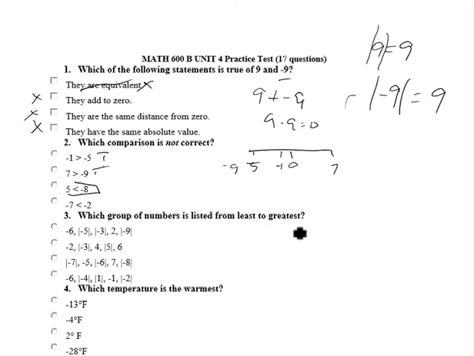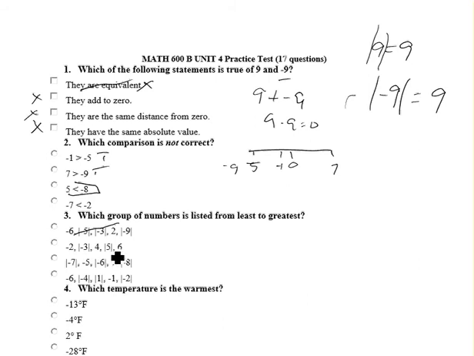Which group of numbers is listed from least to greatest? Okay, so what do we have here? Negative 7, negative 6. This is going to be 5. The absolute value of negative 5 is 5. This is going to be 3. So 5 is greater than 3, so this cannot be a correct answer. Okay, negative 2. This is going to be 3. This is 4. This is 5. This is 6.